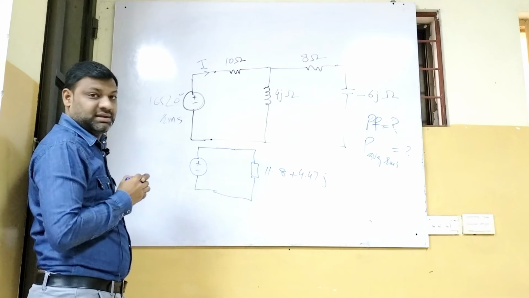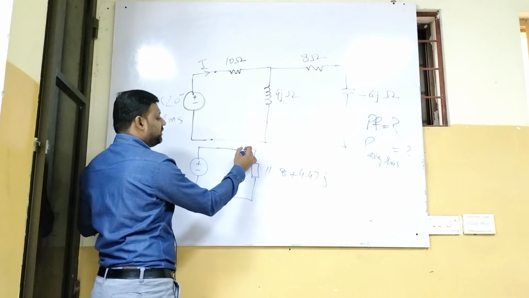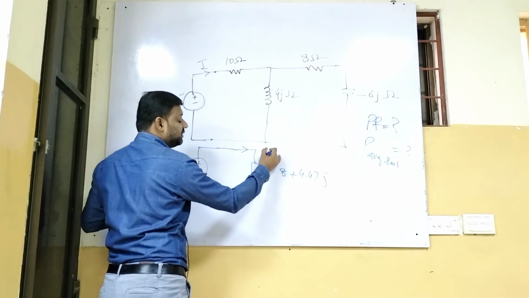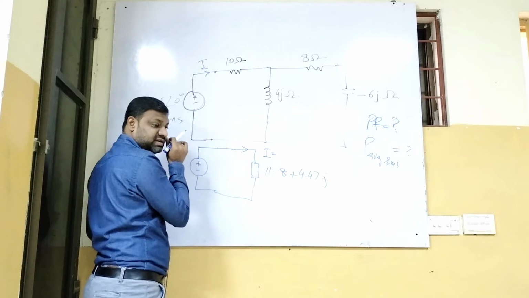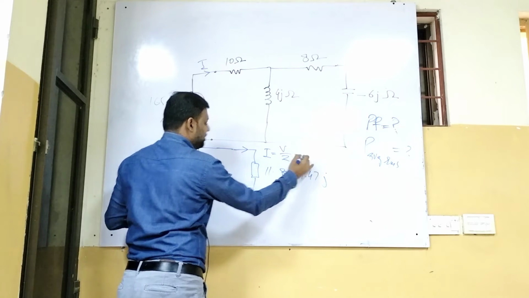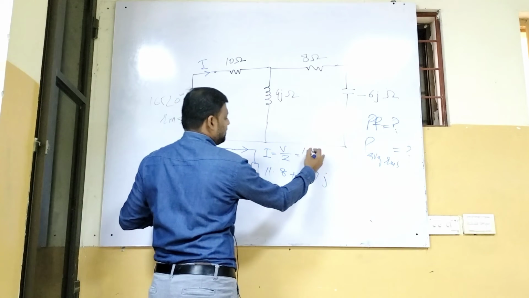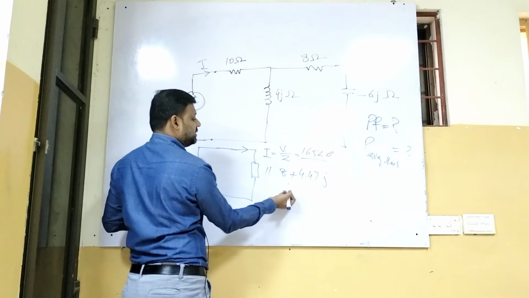Now we can find the current, via V is equal to IZ. So I is equal to V over Z. V is given, and the phase angle is also given.